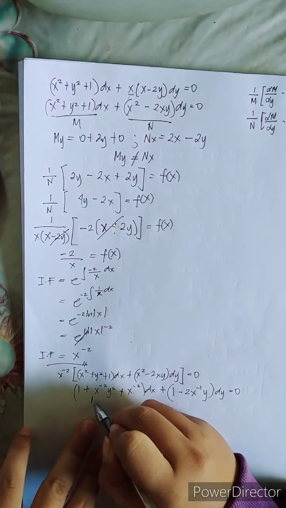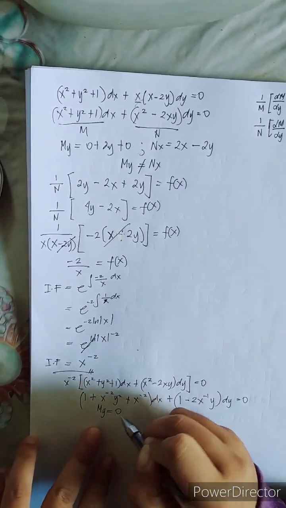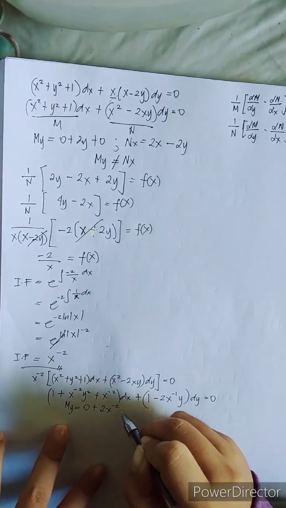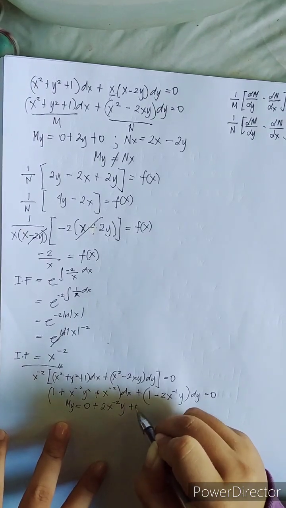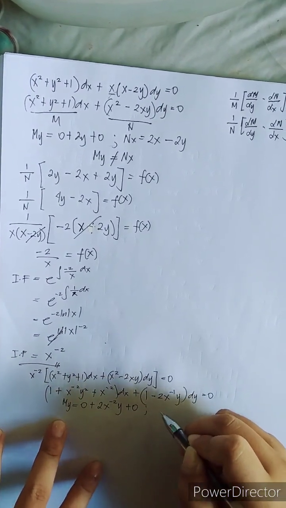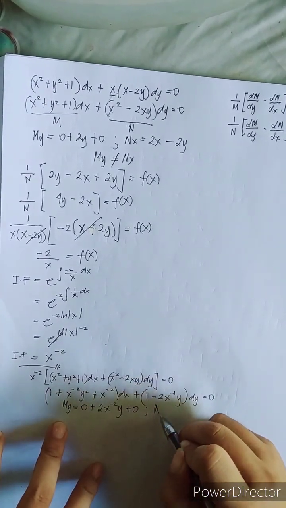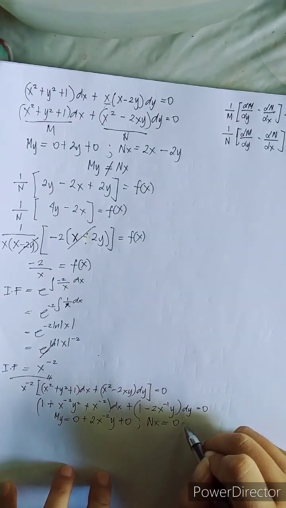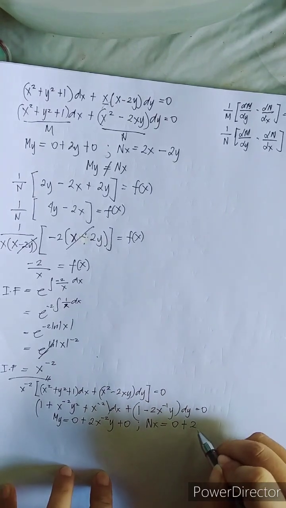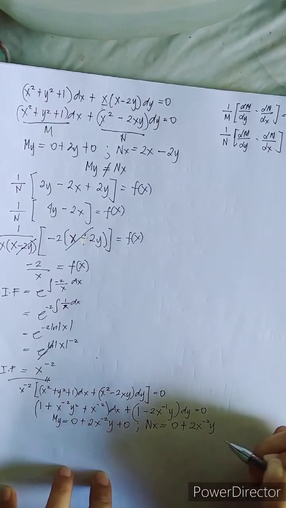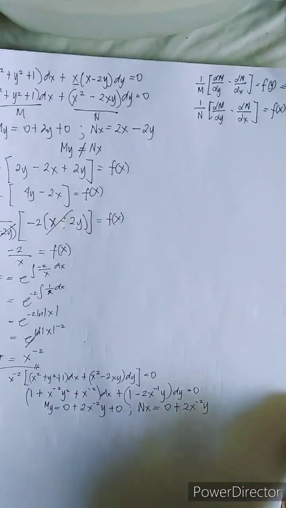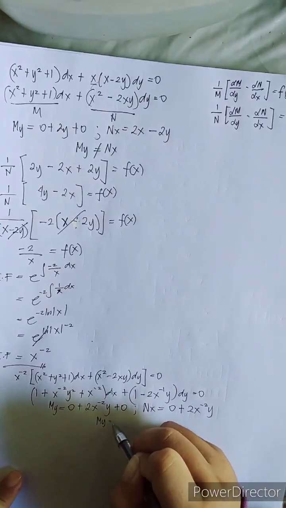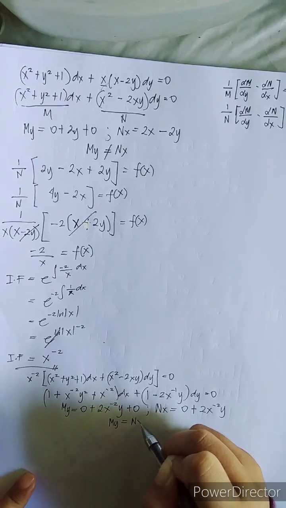Then this will be My is equal to 0 plus 2x to the negative 2 y plus 0. Then Nx will be equal to 0 plus 2x to the negative 2 y. As what we can see, our My is already equal to our Nx.